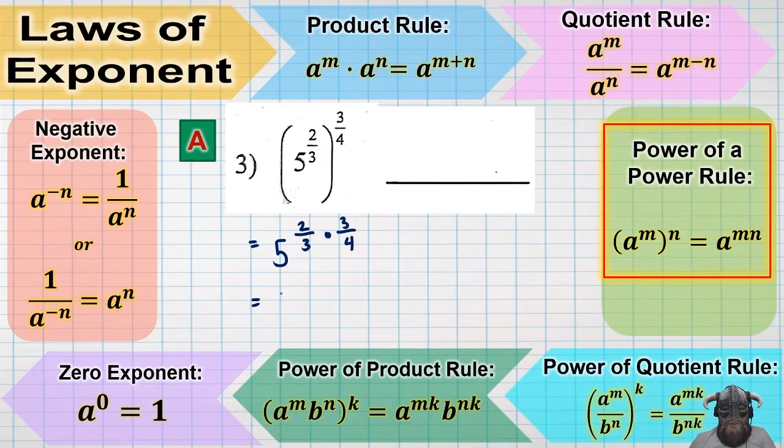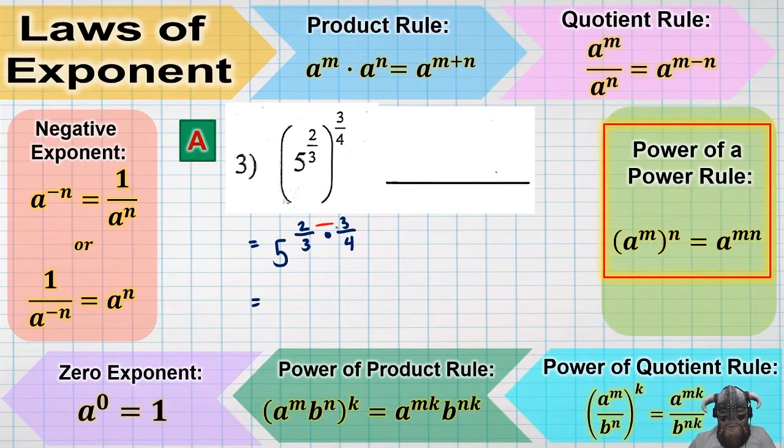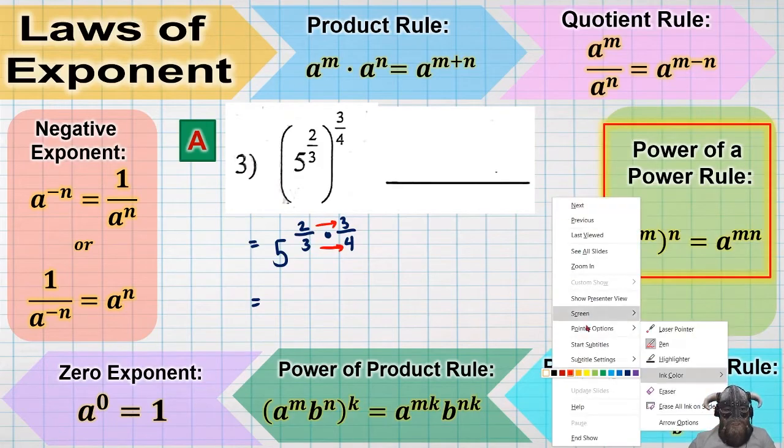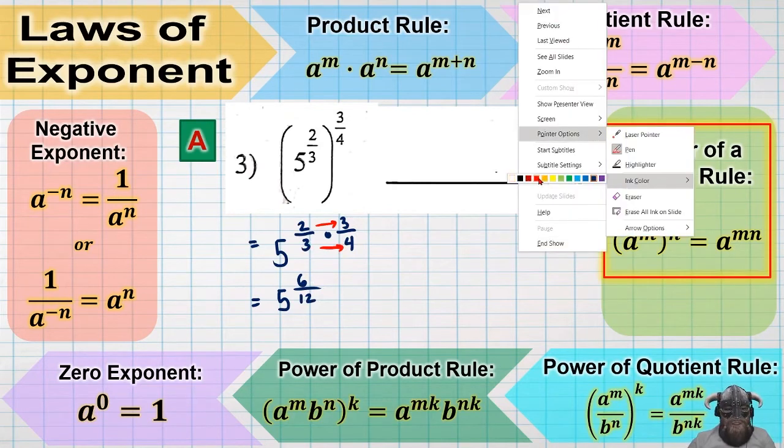In multiplying fraction, we just need to multiply the numerator times the numerator. So, taas times taas, and then baba times baba, denominator times denominator. So, in this case, our answer will be 5 raised to 2 times 3 is 6. So, we have 6 over 3 times 4 is 12. But in this case, once again, si 6 over 12, pwede pa nating i-simplify. So, paano natin siya i-simplify?